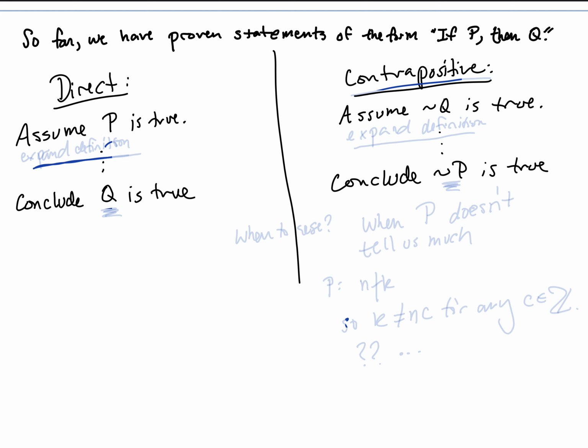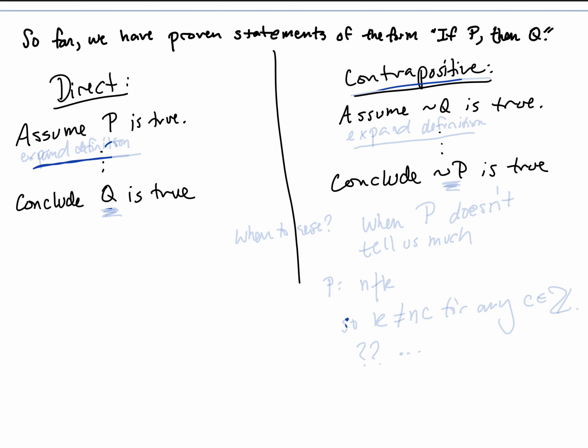The next technique that we have been working with is the contrapositive proof technique. And it works because not q implies not p is logically equivalent to p implies q. And when we use that technique, we assume not q is true, and we use whatever definitions, logic, algebra, etc. we need to eventually conclude that not p is true.